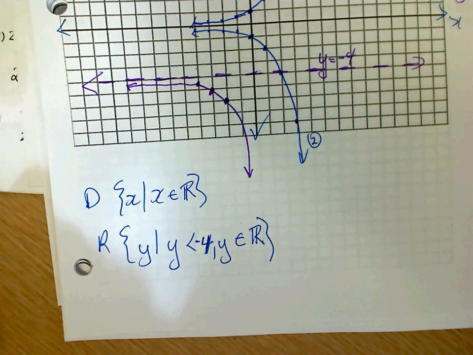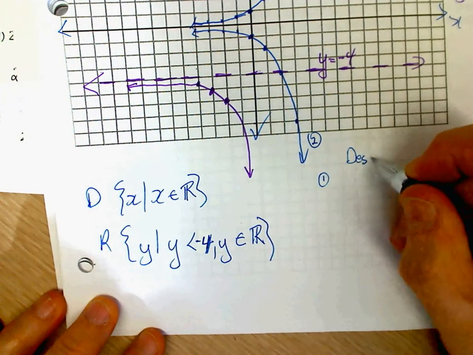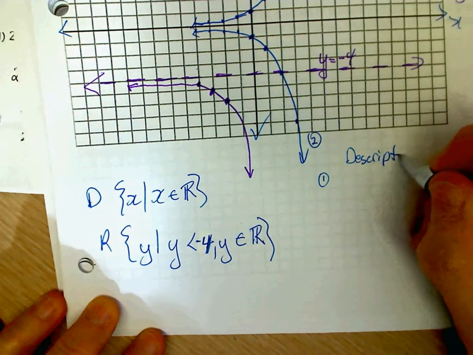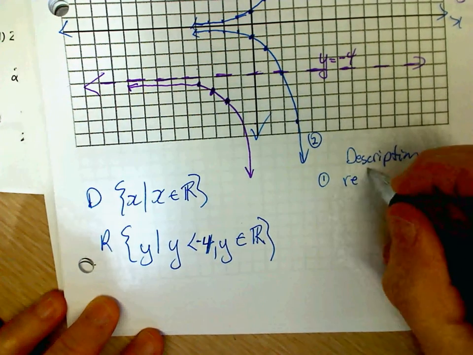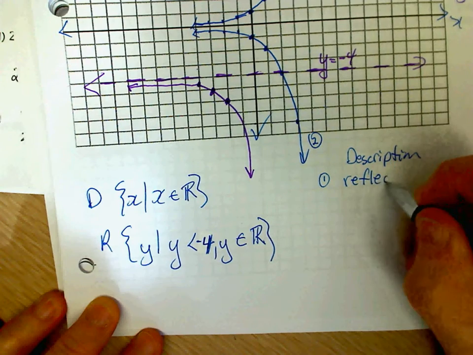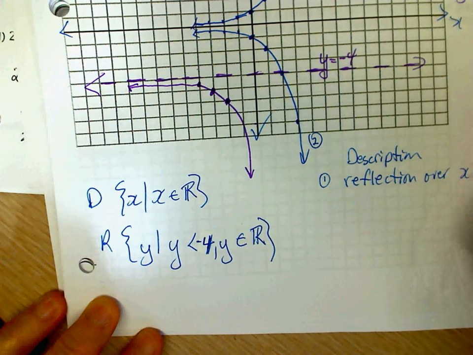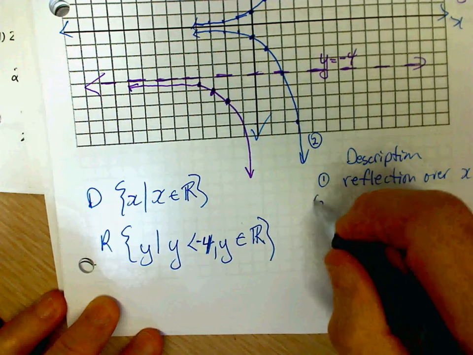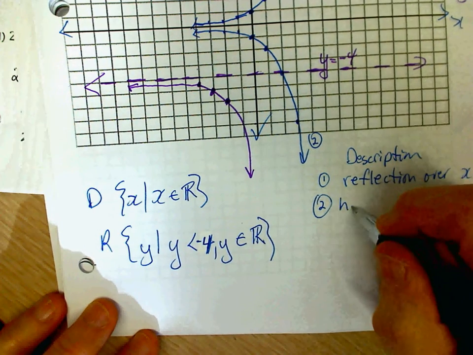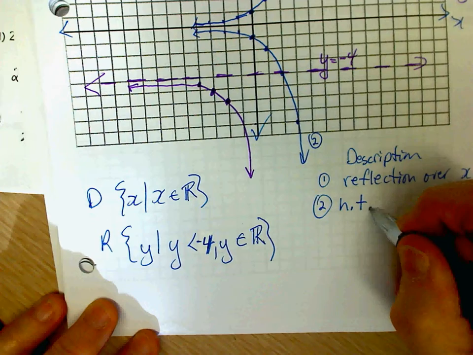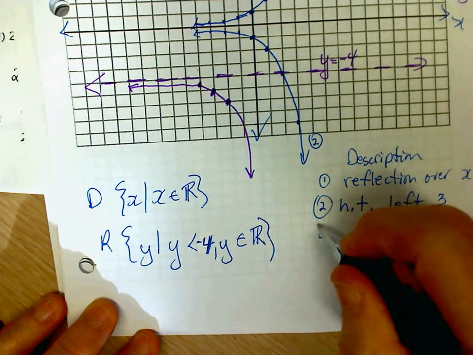So let's describe them. Description of transformations. 1. Reflection over x-axis. 2. Horizontal translation left 3. 3.